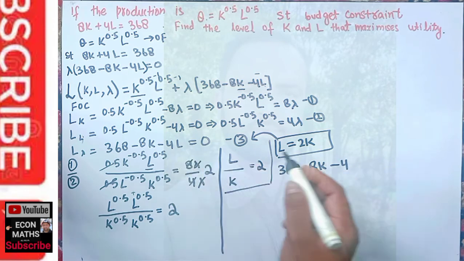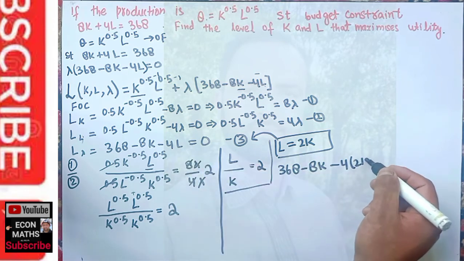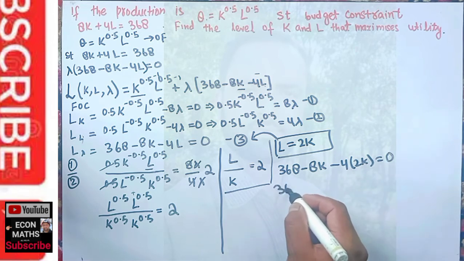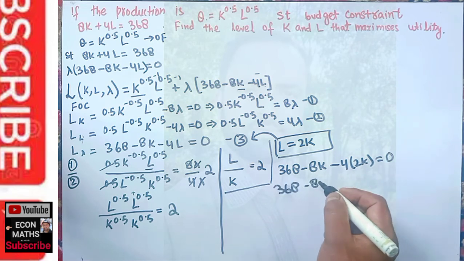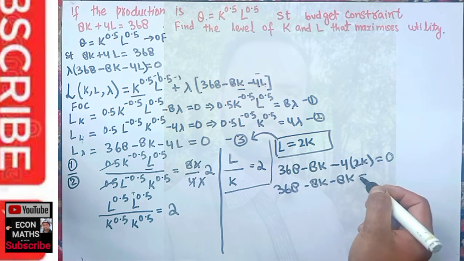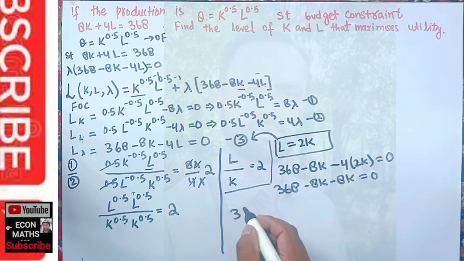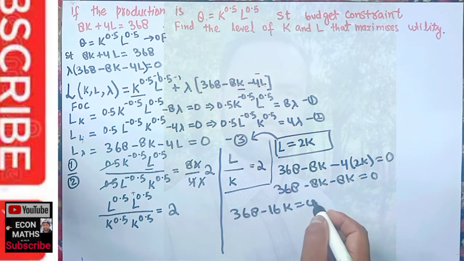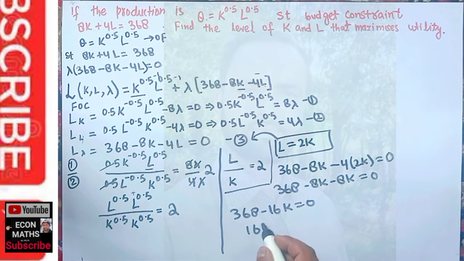The value of L is 2k, so I will write 2k, which is equal to 0, or we can write 368 minus 8k, now 4 2s are 8, minus 8k is equal to 0, or 368 minus 16k is equal to 0, or 16k is equal to 368, or k is equal to 368 divided by 16.